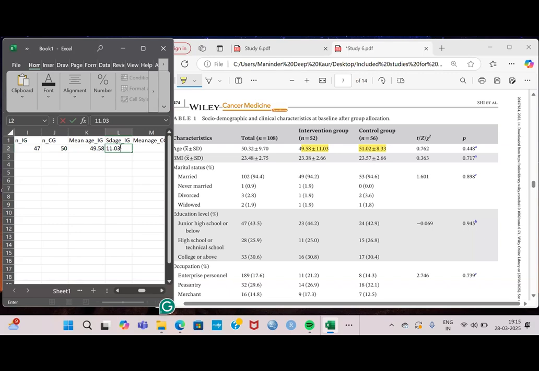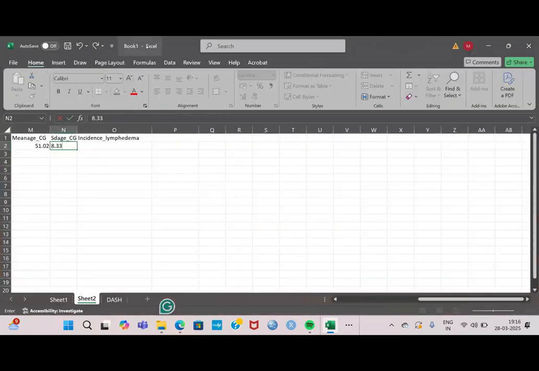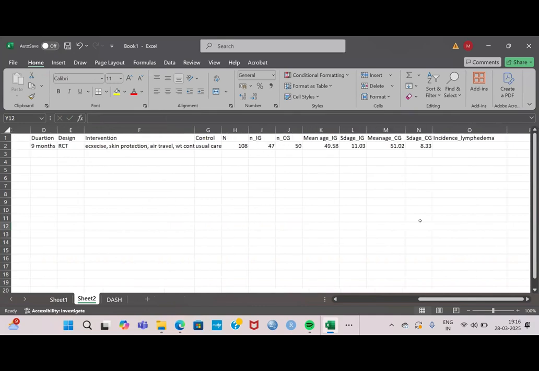I'm telling you again and again, you have to put two digits after the decimal. Always follow this format. In the control group, the mean age is 51.02 and the standard deviation is 8.33. Okay. This information we are getting from the study.